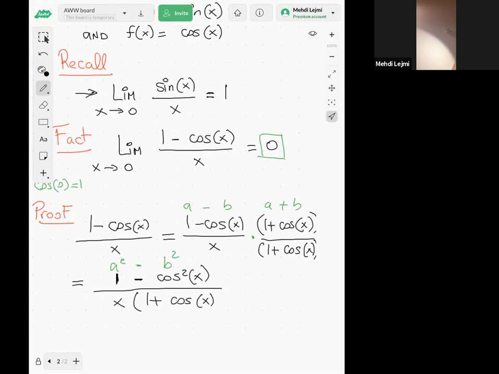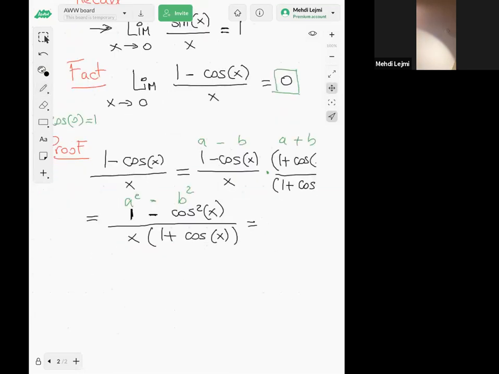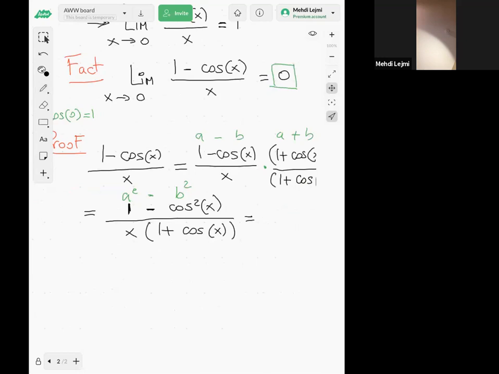And now you can see we're going to have sine, because cosine squared plus sine squared is 1. Here I'm using the trig identity cosine squared plus sine squared is 1.